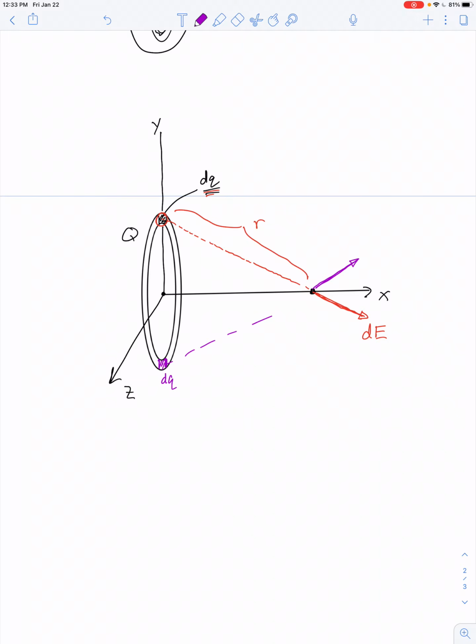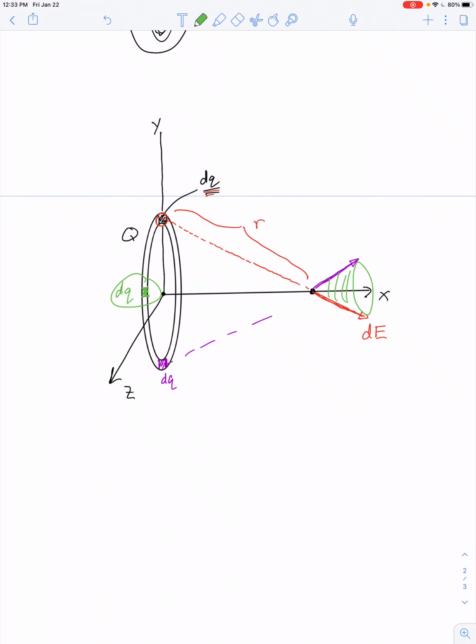You're going to have to use your imagination to think in 3 dimensions here, but imagine the direction of the contribution to the electric field due to this dq. It's going to have a component to the right and then a component pointing into the screen, right? I can't properly draw this. Maybe we can say if we were to take all the electric field vectors, they sort of trace out the surface of a cone, right?